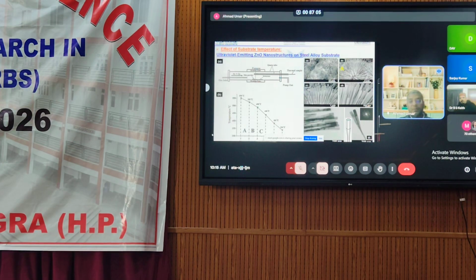Here you see we have different substrates, one, two, three substrates. If we assign them A, B, C, when you go away from the center of the heating zone, you find different temperature zones for different substrates.